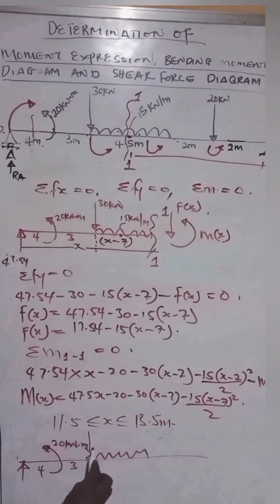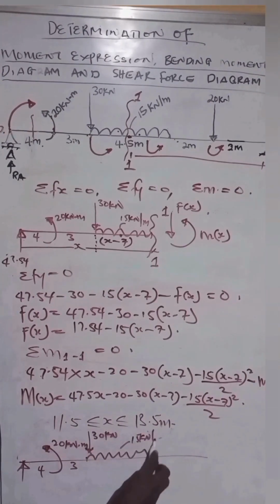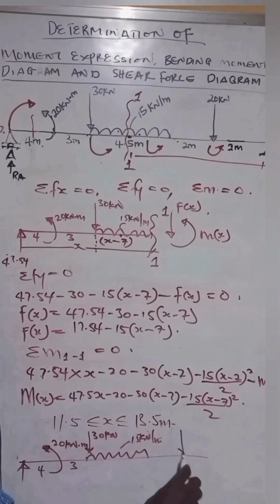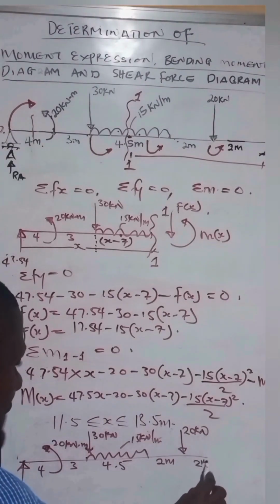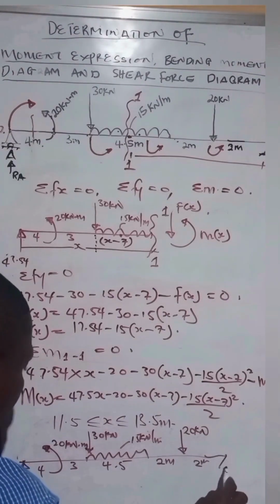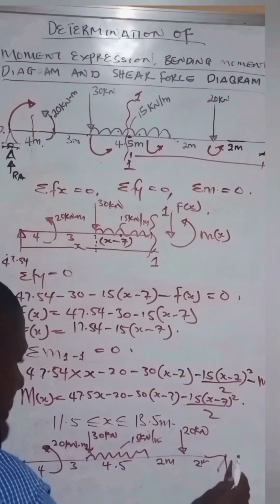We have a point load here of 30 kilonewton. We have this one to be 15 kilonewton per meter, and we have a point load of 20 kilonewton. And remember, from here to here is 2 meters. Here is 4.5, and here is 2 meters. So this is what we have, and we have the support at this point.